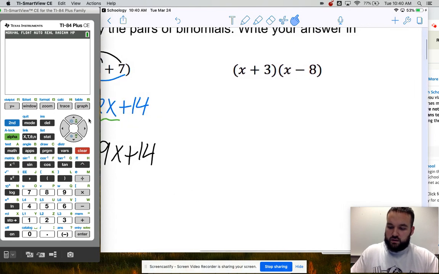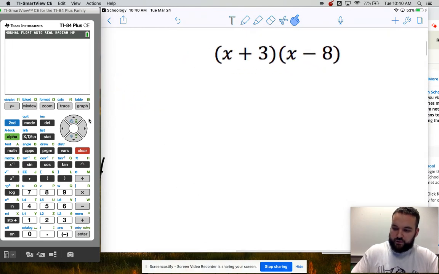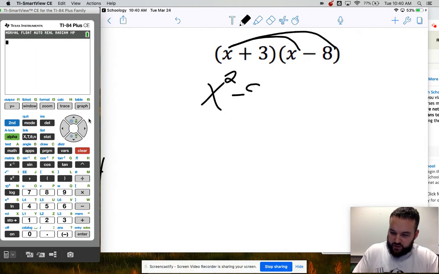Now if I do the same idea here, I'm going to start by distributing x through. Be careful that you think of that as negative 8. So x times x is x squared. x times negative 8 is minus 8x. Then I'm going to multiply by 3. So that's plus 3x and minus 24.